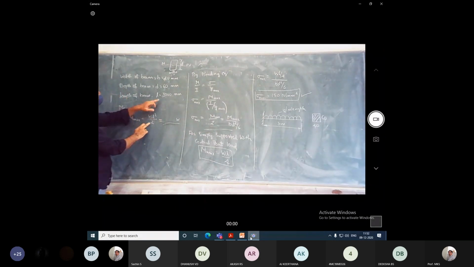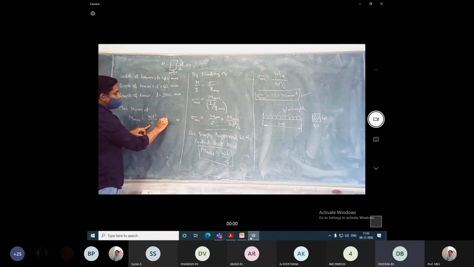When L is 3 meters, 3 square by 2 is 9 by 2, which is 4.5. This will be in meters.